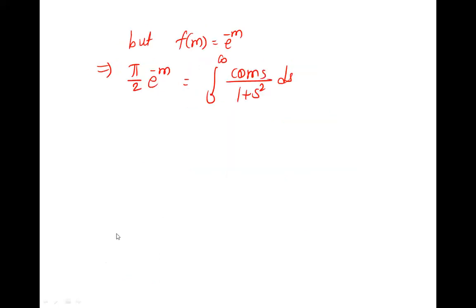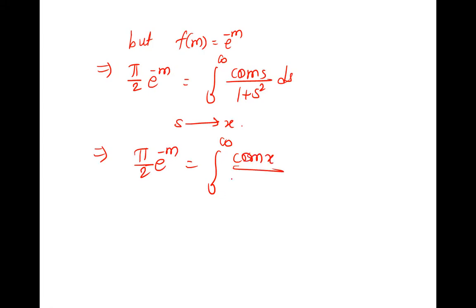But in your question there is x, so finally we can just replace s by x. Do that change. So you got the answer: pi by 2 e raised to minus m is the integral from 0 to infinity of cos mx upon 1 plus x square dx, as required.